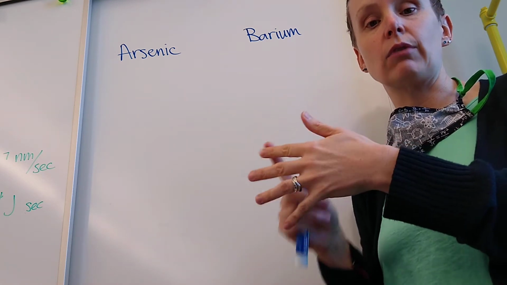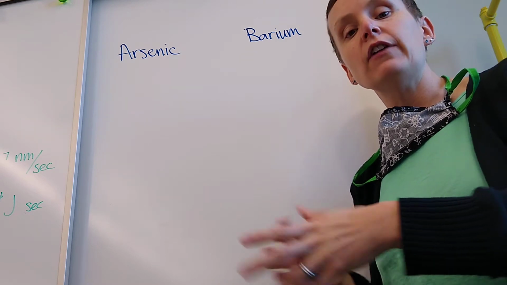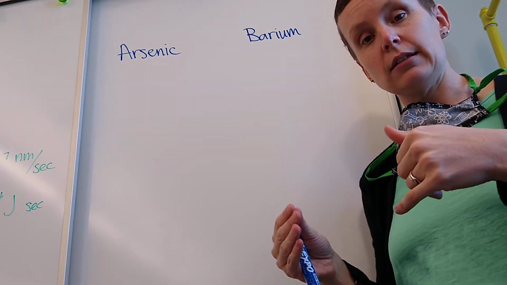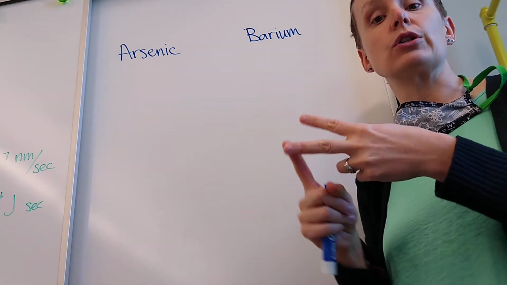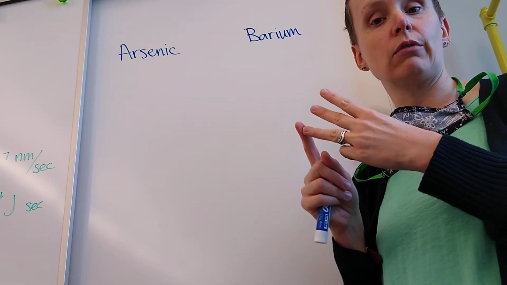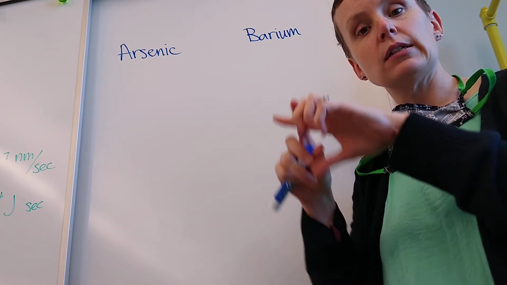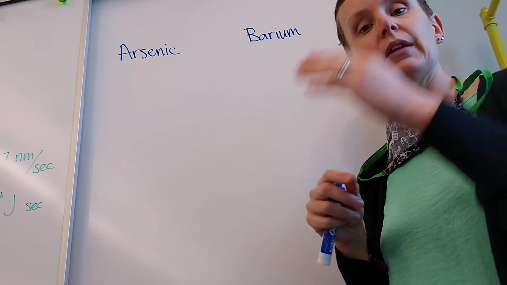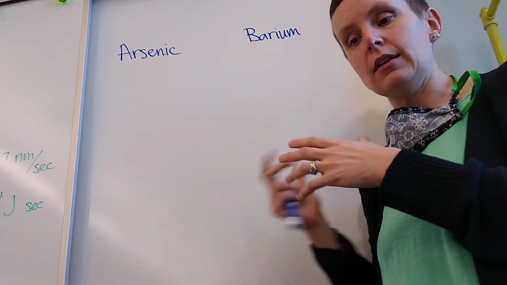So it'll gain 3 or 2 or 1 to fill up that outer layer. If it is very far away from 8, we're talking about 1, 2, or 3 electrons in its valence shell, it's going to lose all of those valence electrons, which gets rid of that layer and gets to a full layer underneath. We're going to show you examples of each of these in this activity.